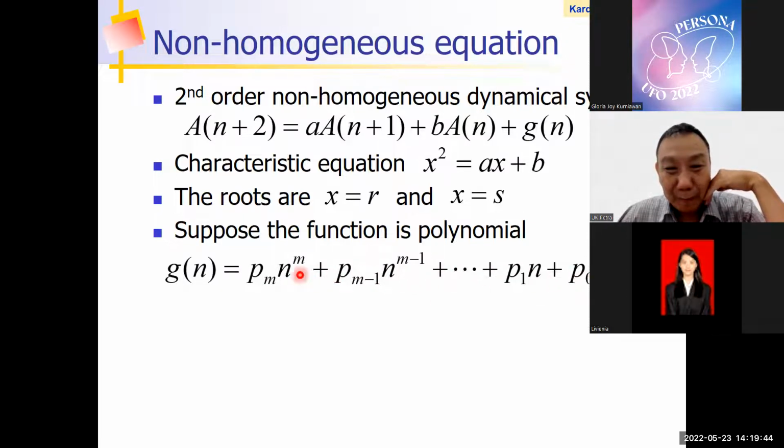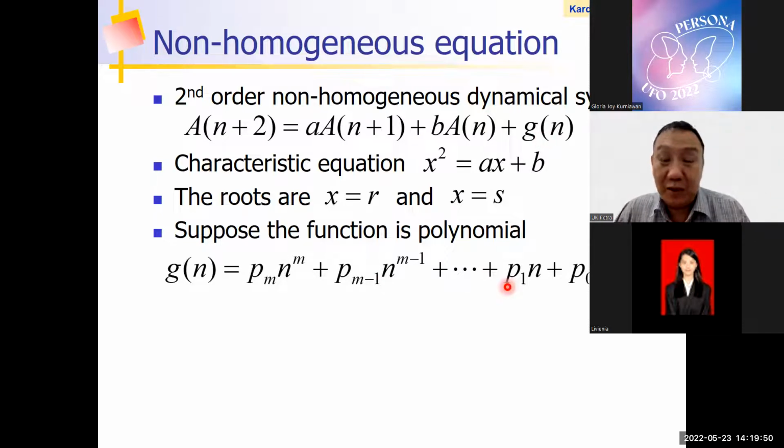If I have this kind of equation, can I solve it? Yes, you can still solve it. How? Still the same, so the g_n does not really matter here. You still need to get the characteristic equation of the homogeneous part first.